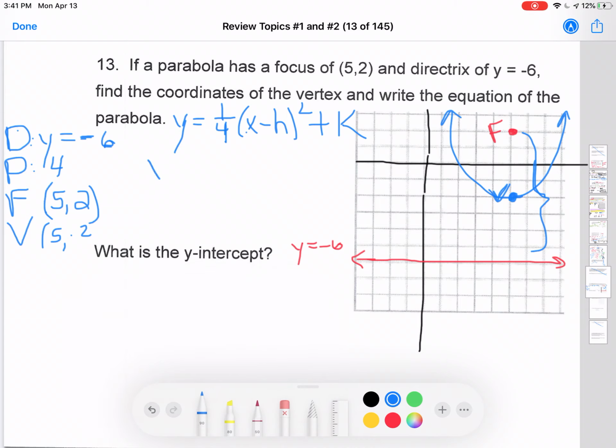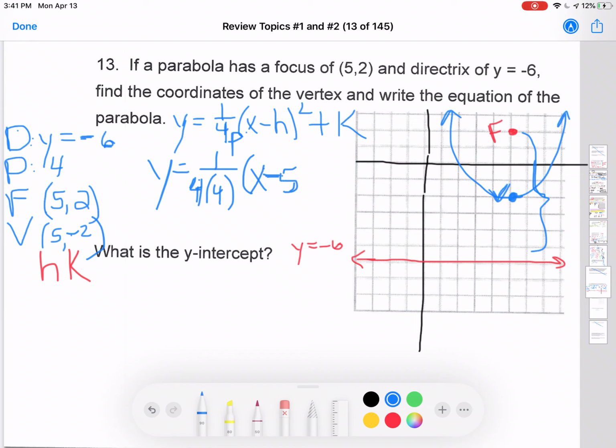Okay, oh, y equals, there's a p in there too. Y equals 1/4 times the p-value. And remember, this is my h, k. Okay, so x minus 5.